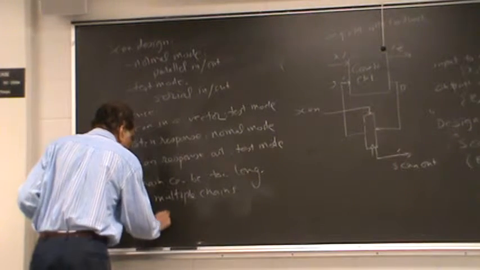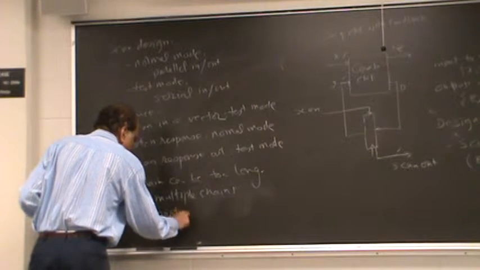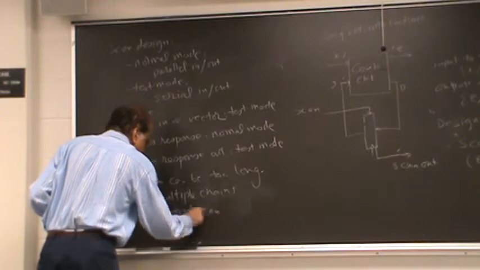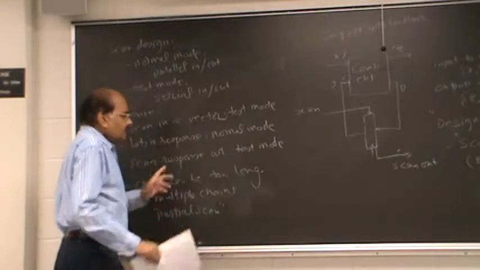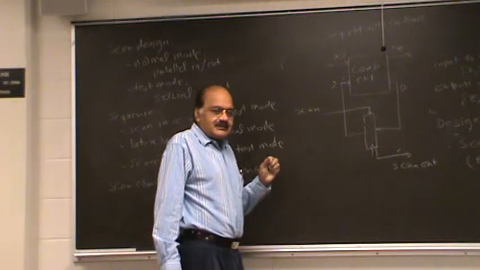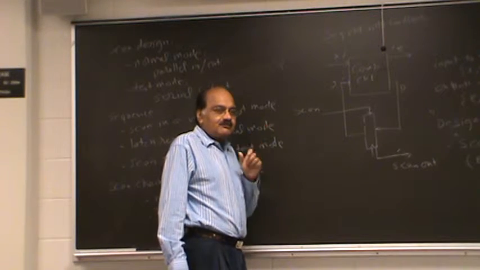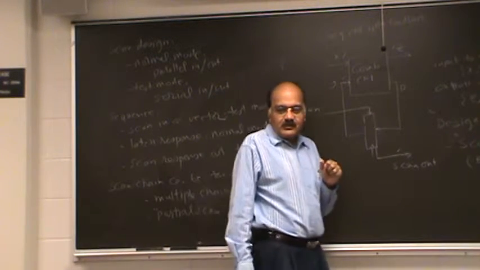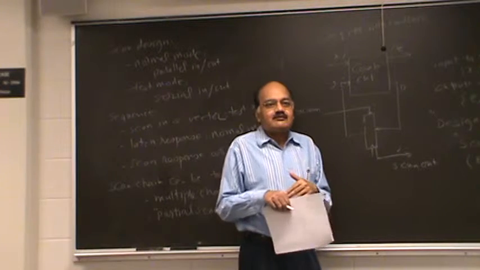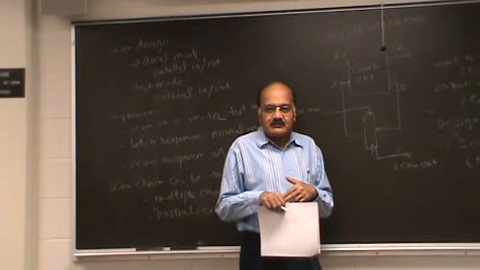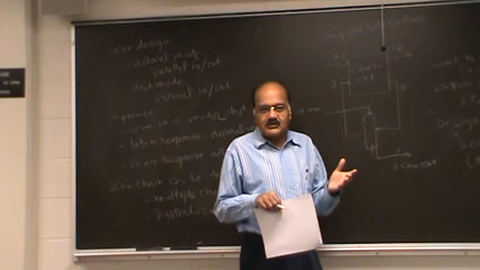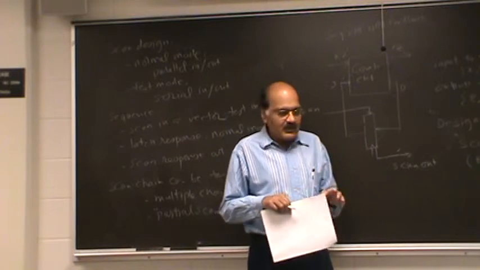Other possibility is, this is a term sometimes used, partial scan. Maybe you analyze the circuit and decide that certain flip-flops are hardest to reach. So you only connect those flip-flops into a scan path, and others you take care of somehow.